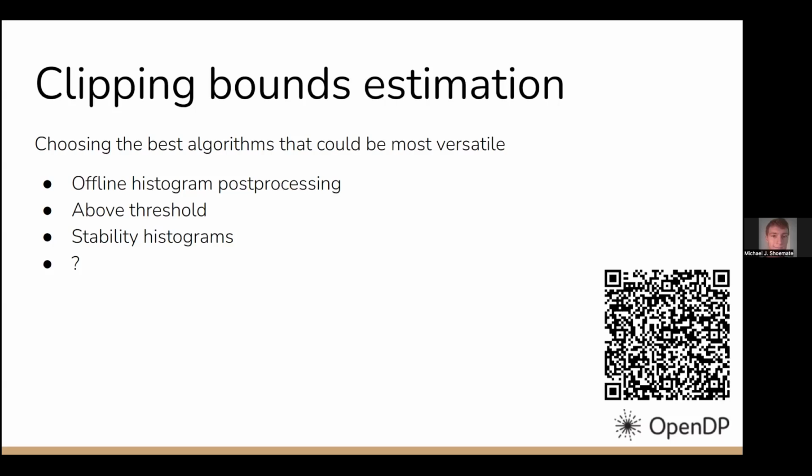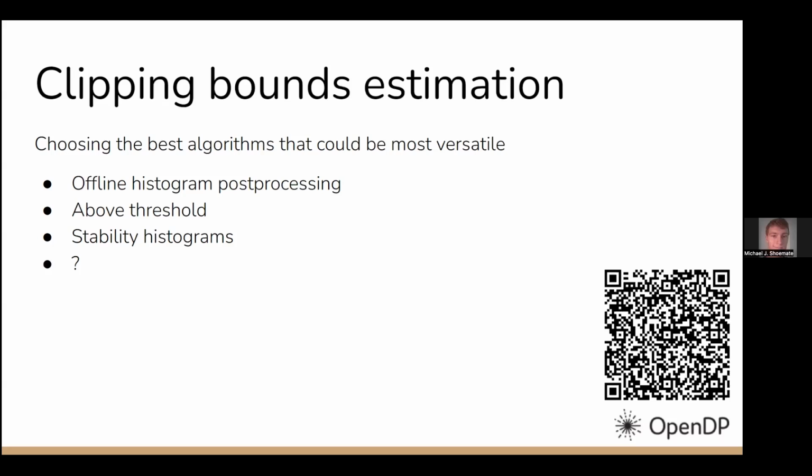Nevertheless, I want to take a chance to poll for any suggestions on algorithms that are used to estimate clipping bounds. There are a couple of them on here. Compute a histogram and post-process it, as Damien Desfontaines suggested in his unbounded SQL contribution paper.